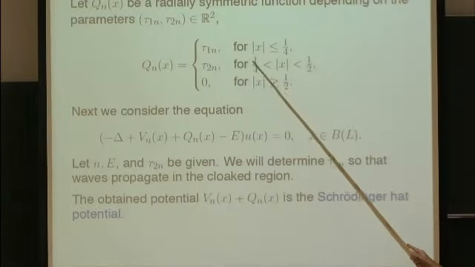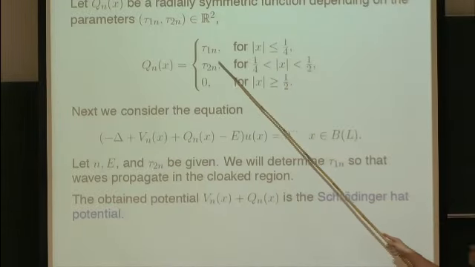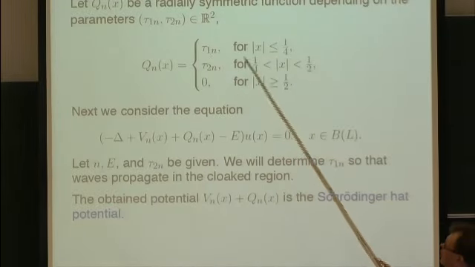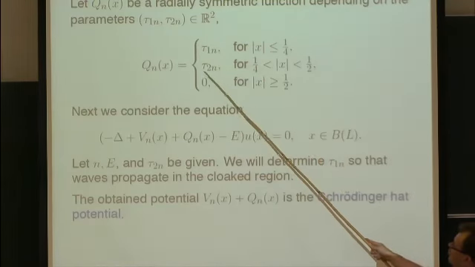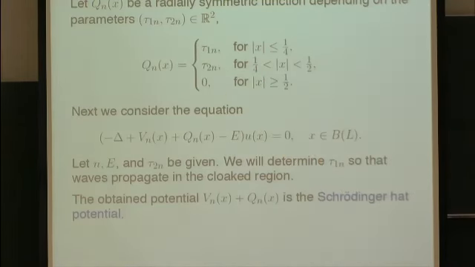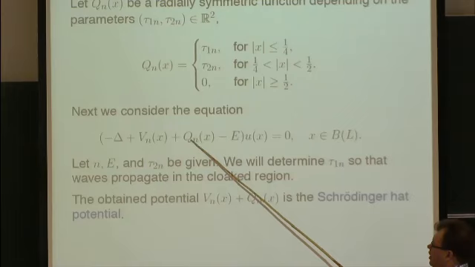So in the small ball of radius 1/4, we put the constant potential tau1, and in the layer around it we put the constant potential tau2. And this is now our equation. We have this cloaking potential and then the interior potential.